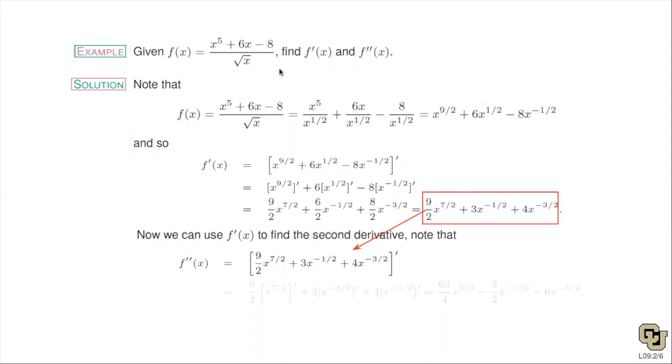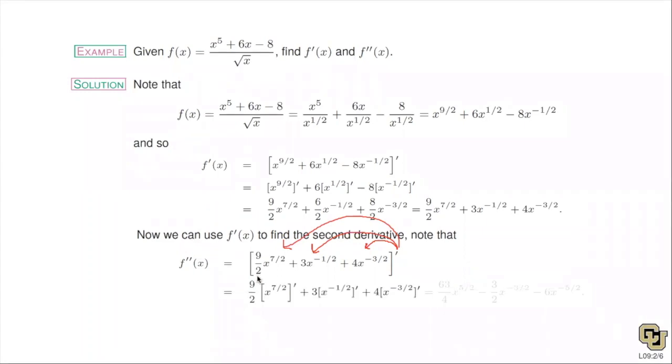And again, I'm going to distribute the derivative to each term and pull the constants out. So here, we pulled out the 9/2, the 3, and the 4.